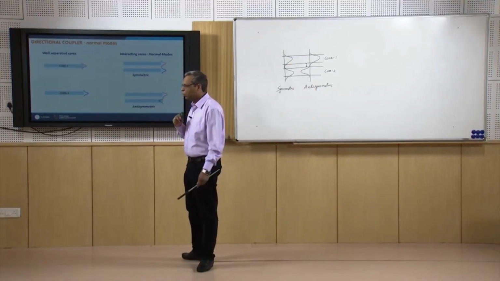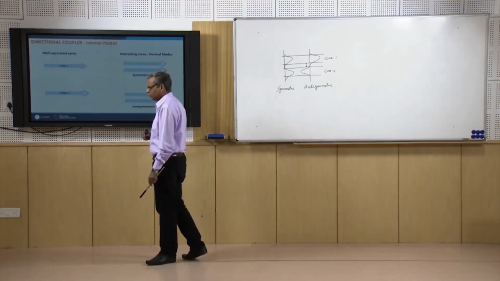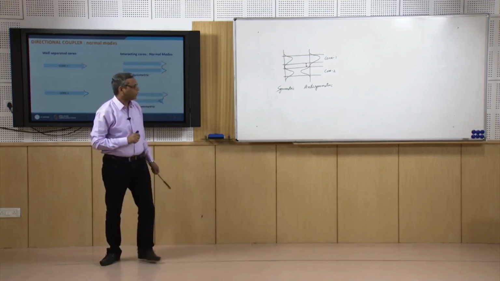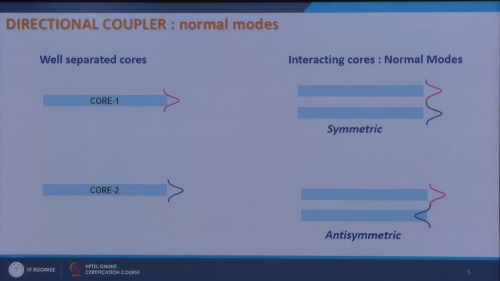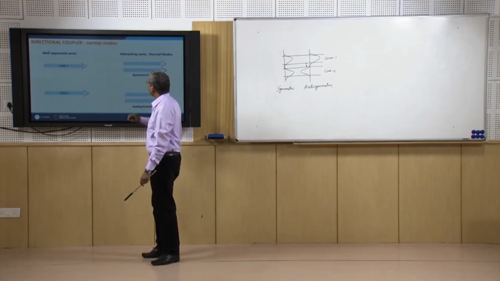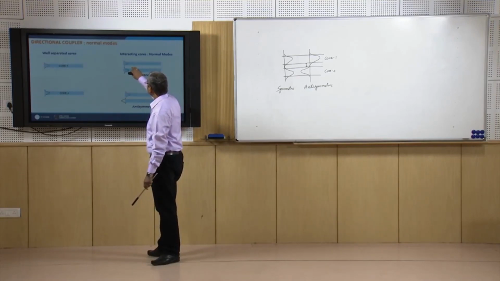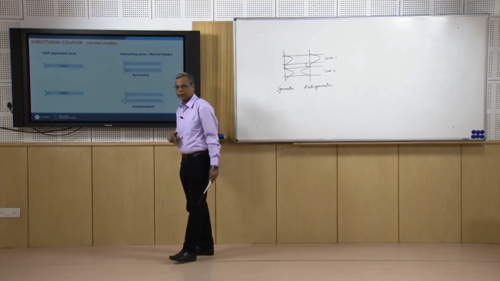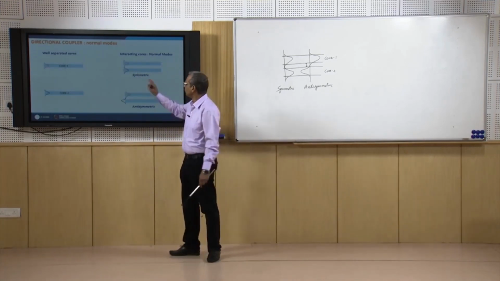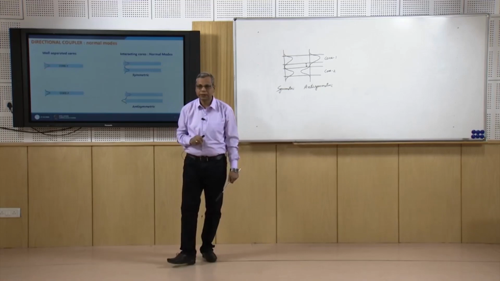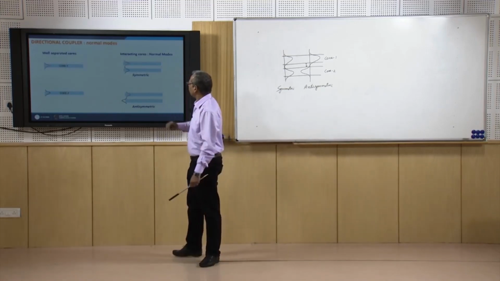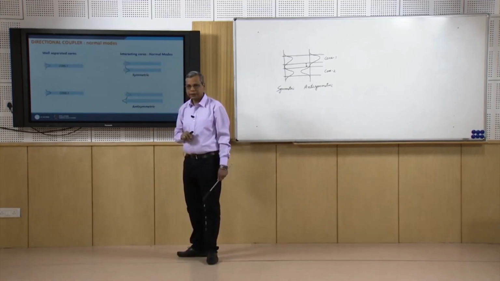So, these are no longer the modes of the system, but now the modes of the system are this and this. So, if I launch this distribution, then it will retain its shape, it will propagate along the composite structure without any change in its shape, and it will propagate of course with certain phase velocity.